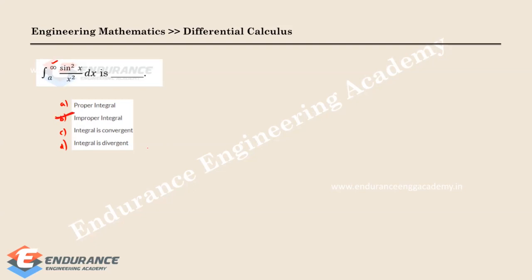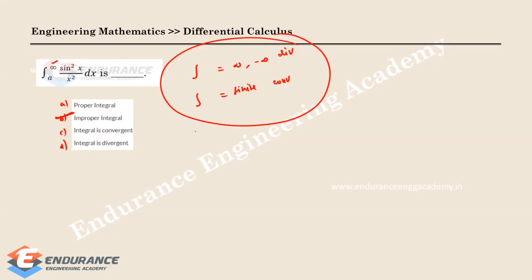But whether it is convergent or divergent, obviously I need to solve it, which means I need to find out whether it is going to converge or diverge by integrating. After integration, if the value is infinity or minus infinity, then it diverges. After integrating, if my answer is finite, then it will converge. That is the logic for convergence and divergence.